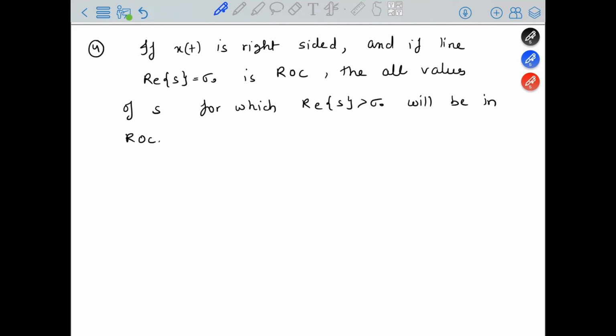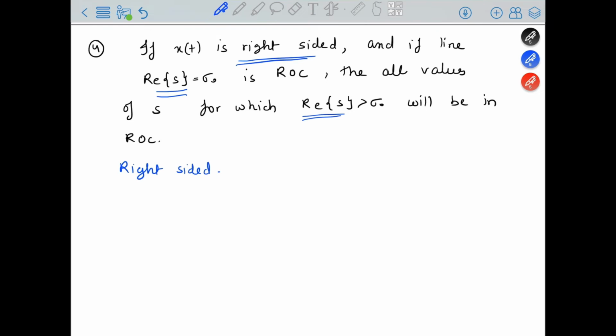We'll also see some mathematical expression to understand it better. So what we are saying: if x(t) is right sided, I'll explain shortly what is right sided, and if the line real part of s is equals to sigma naught is in ROC, then all values of s for which real part of s greater than sigma naught will be in ROC. So how can we understand it? First we'll understand what is a right sided signal.